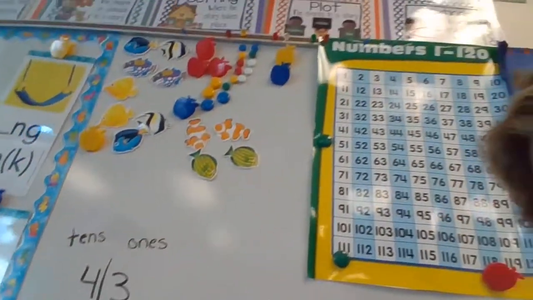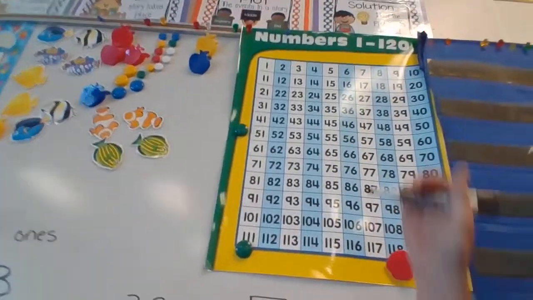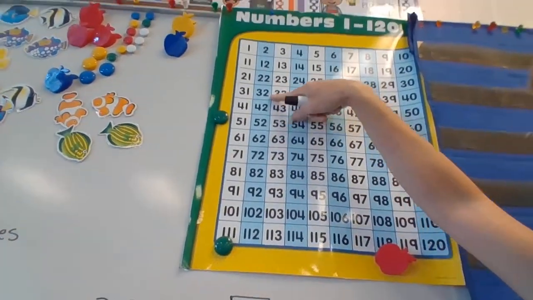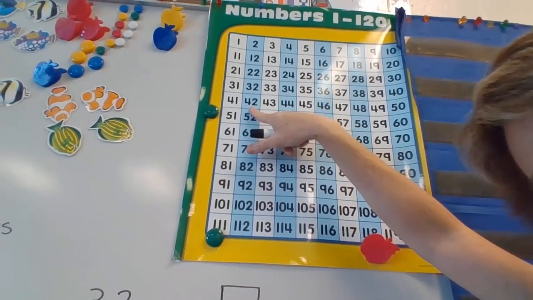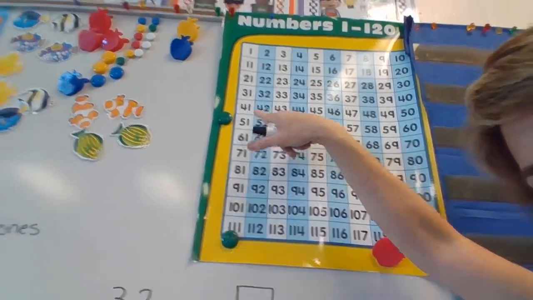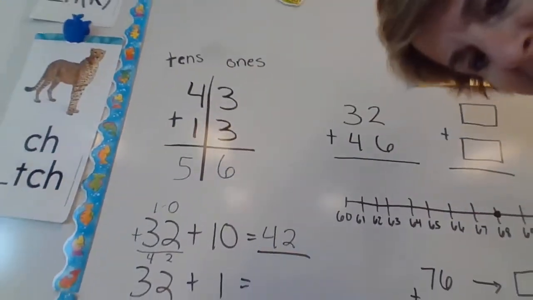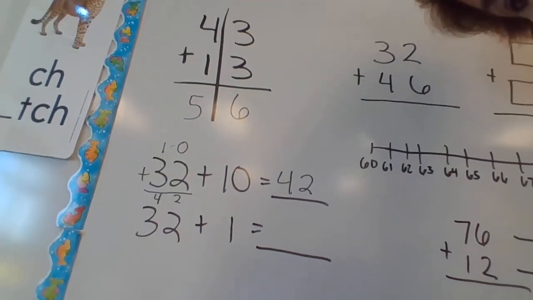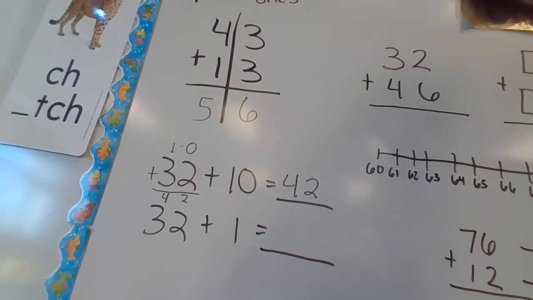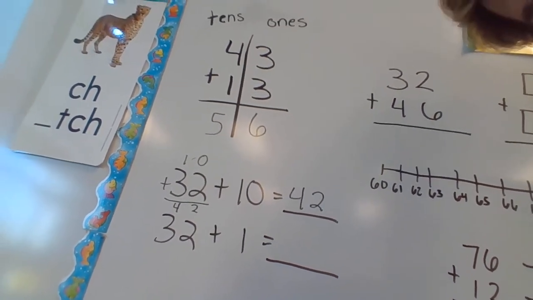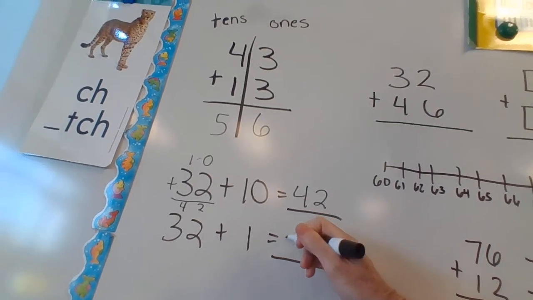Or I could use my hundreds chart and I could find 32 and I could go down 10, which is 42. Either way. Okay, the next problem says 32 plus 1. So I had 32 in my head, and add 1 to it. 32, what comes next? That's right, 33.